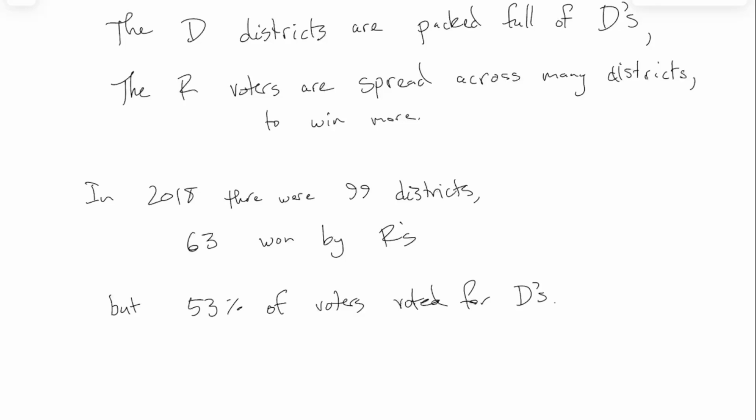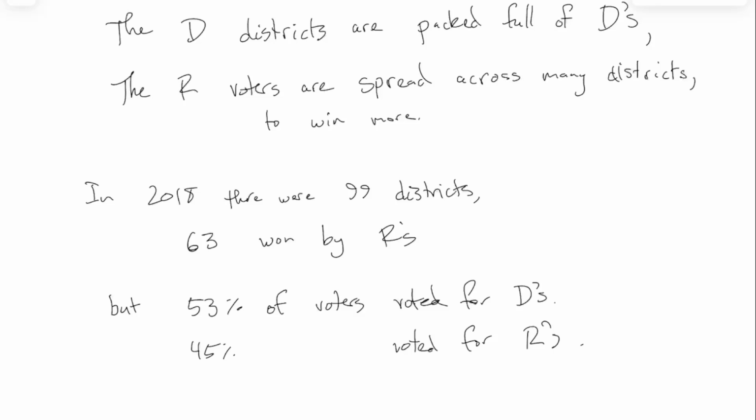This is totally backwards, right? This says most of the voters were voting for Democrats, but most of the districts were won by Republicans. It's the exact opposite of what would be a more reasonable outcome. All right, 53% of the voters voted for Democrats, and 45% voted for Republicans.